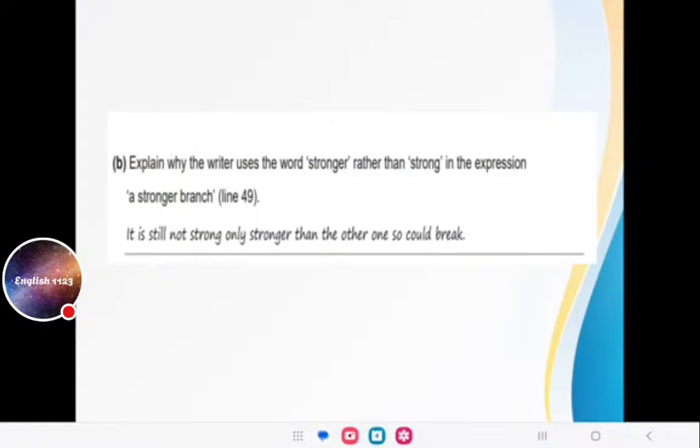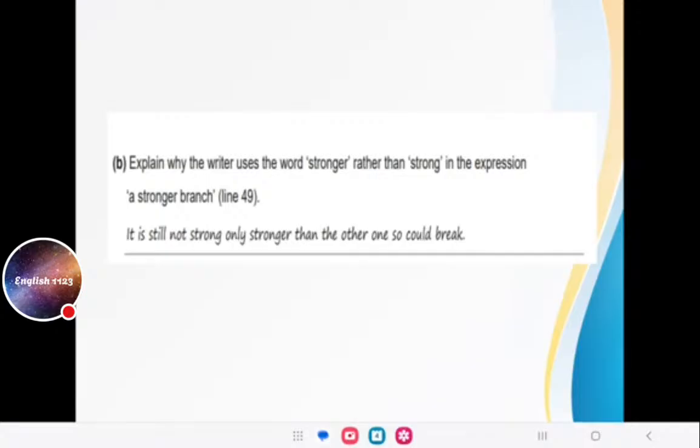So look at this question. Explain why the writer uses the word stronger rather than strong in the expression a stronger branch. So all these questions that we see are dealing with different words, their one form or the other form, or mostly two same kinds of words.